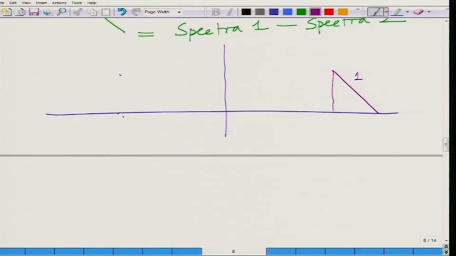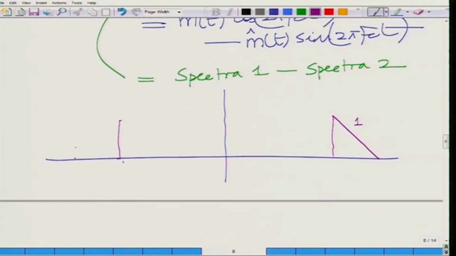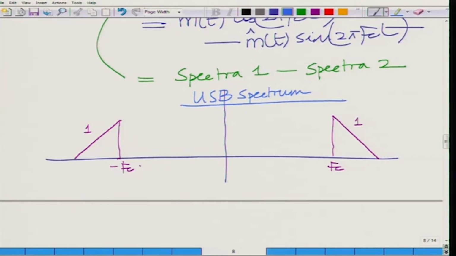Now if you look at this, the net signal will be something like this. So, this is f c, this is minus f c, and this is the spectrum of the USB signal.